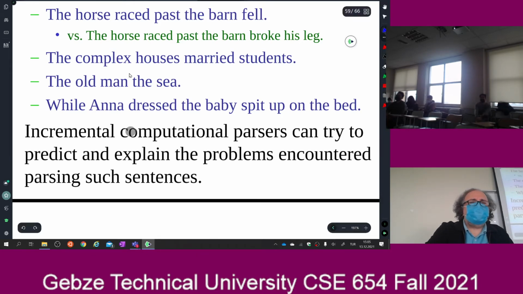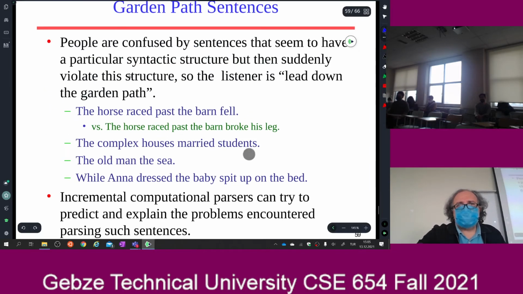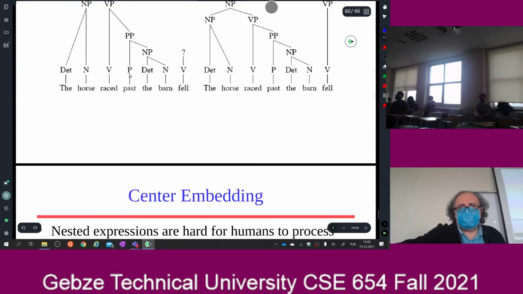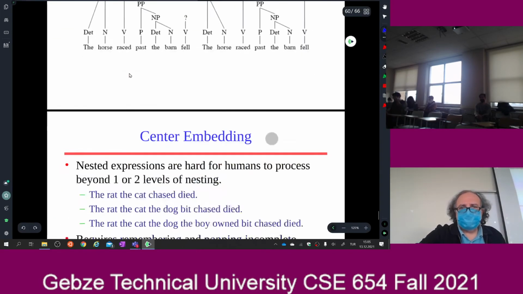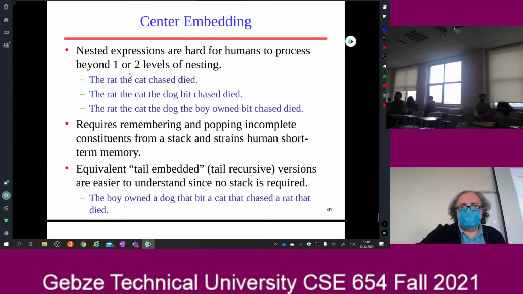So incremental computation parsers can behave like humans, and they can encounter these kinds of problems, and they will let you know that although the sentence is grammatically okay, people will have trouble reading these garden path sentences. People are confused about them. Okay. Good. This is grammatically possible.